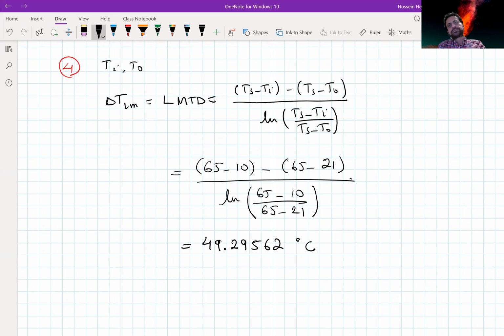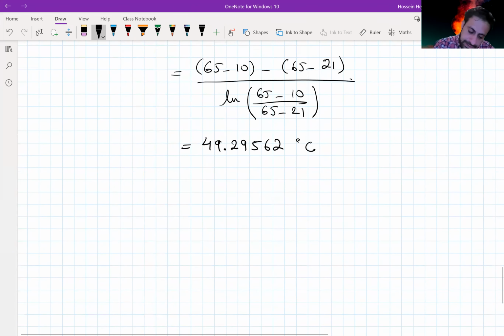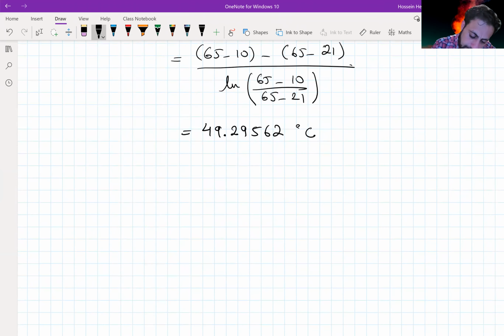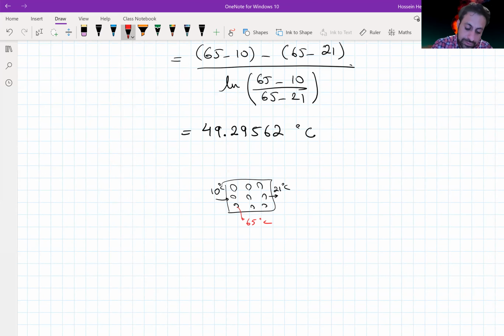Note that at the inlet we have air coming at 10 degrees C. So let's say this is the tube bank that we are looking at. The air that is getting in is 10 degrees C. When it's going out, it is 21 degrees C. Now the tubes are at 65 degrees C. If you use the inlet temperature, the delta T is going to be 55.